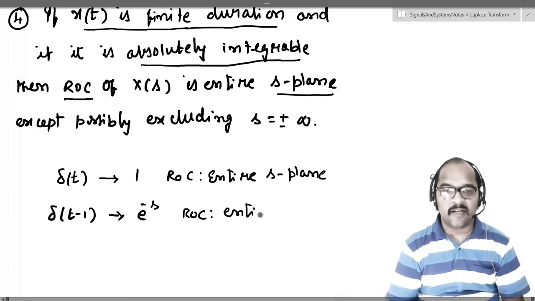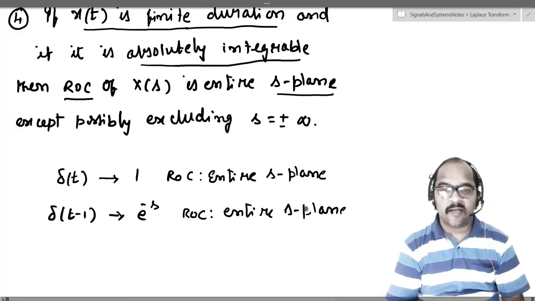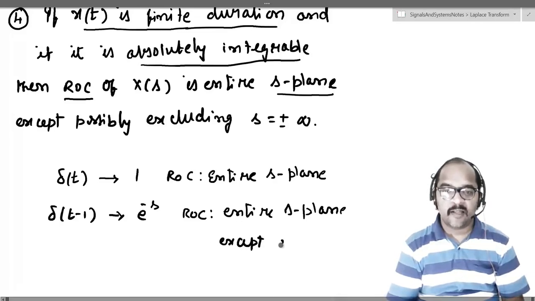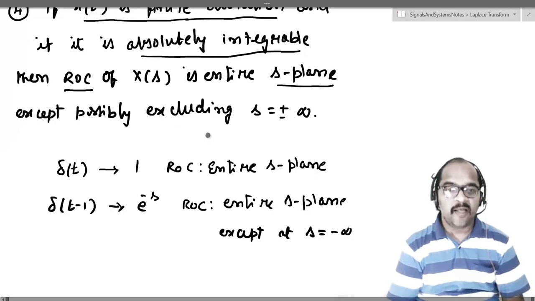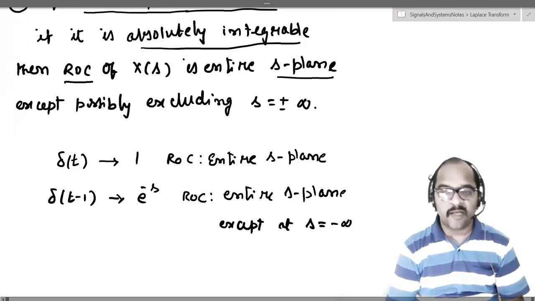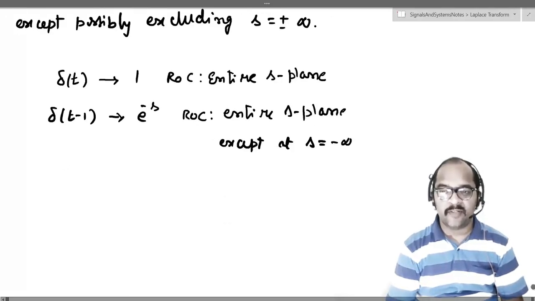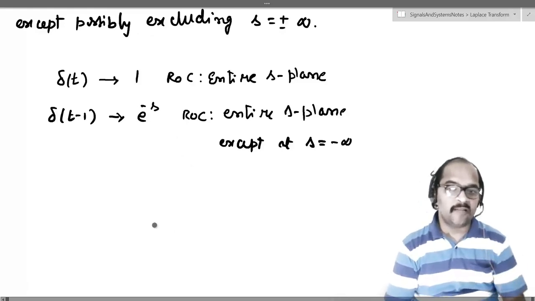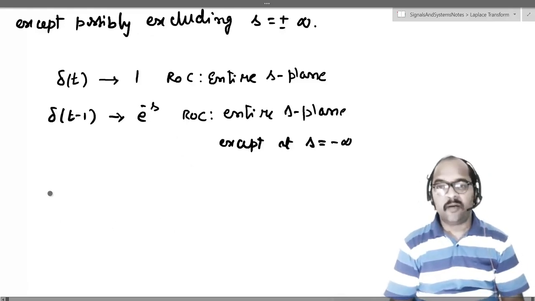It is the entire S plane, except at s equal to minus infinity. So that's what we mean by except possibly excluding s equal to plus or minus infinity. Depending upon the signal, we should exclude s equal to minus infinity or plus infinity.